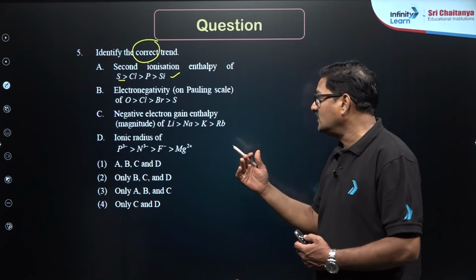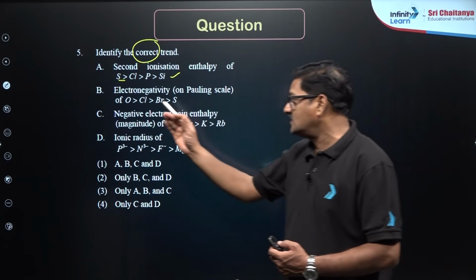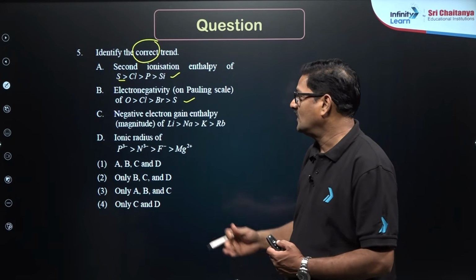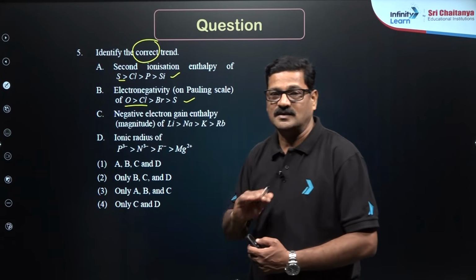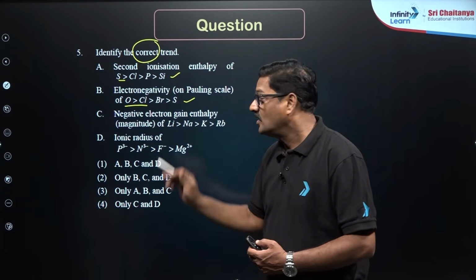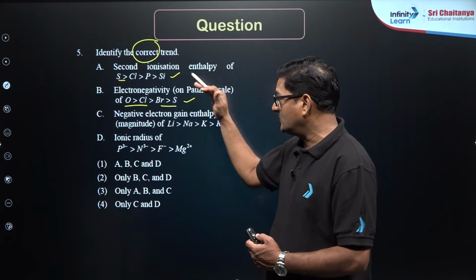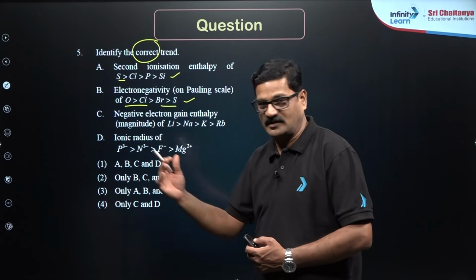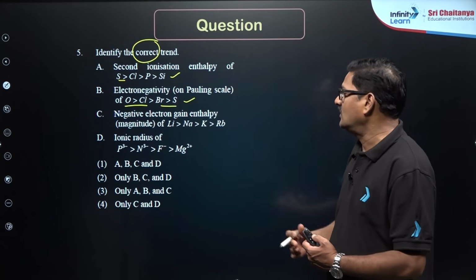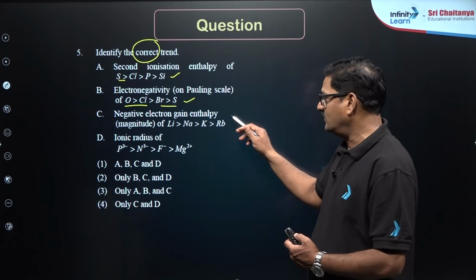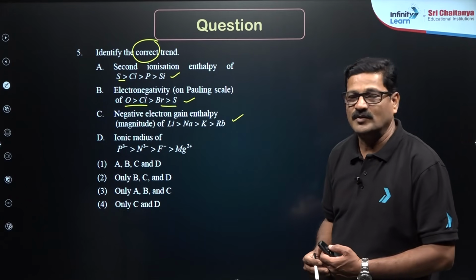And electronegativity on the Pauling scale: oxygen is greater than chlorine, bromine is greater than sulfur, and a second period element is greater than a third period element, so it is correct. Negative electron gain enthalpy decreases down the group in magnitude, which is also correct.